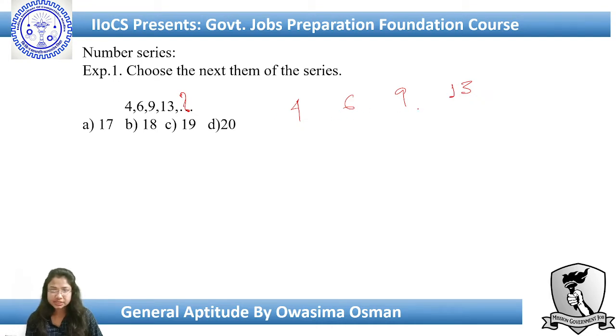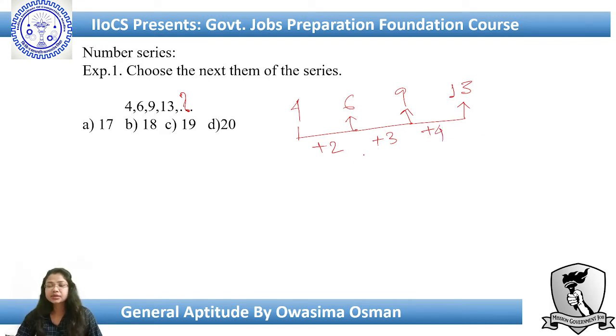So our series is 4, 6, 9, 13. Here is the link we have to find first. We can see that 6 is 2 more than 4. So 4 plus 2 is 6. Again, 6 plus 3 is 9, and 9 plus 4 is 13.